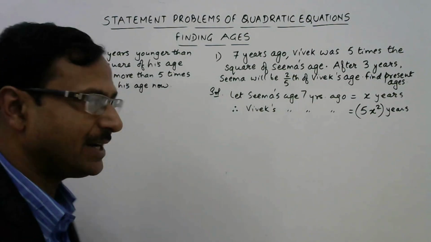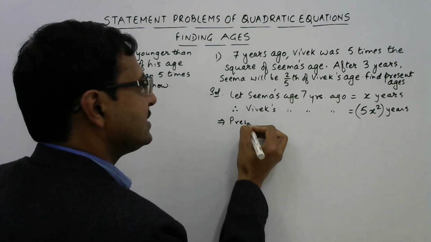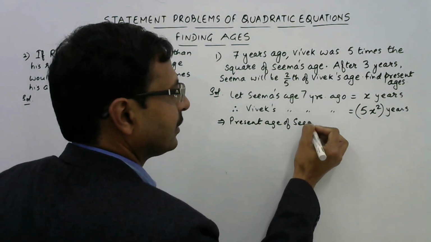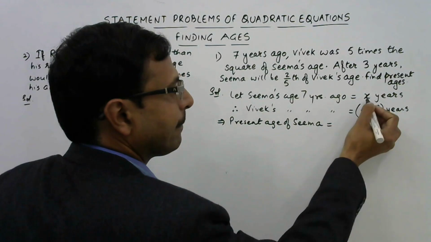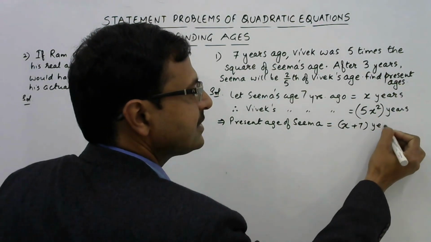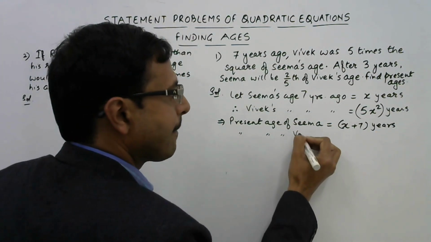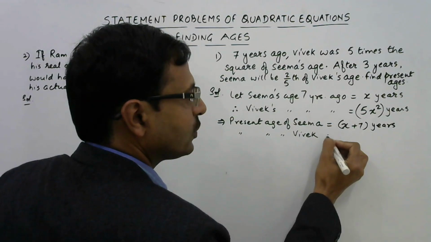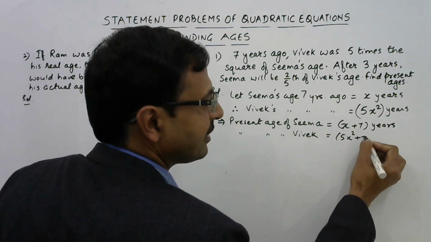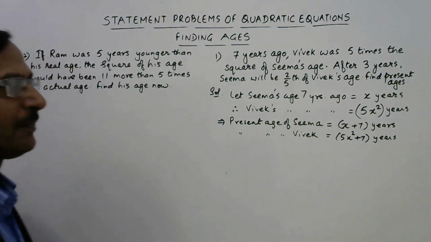So what about the present ages? That implies present age of Seema will be, add 7 to this, x plus 7 years. And what about the present age of Vivek? Add 7 to this, you get 5x square plus 7 years.